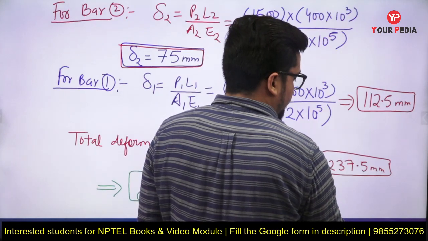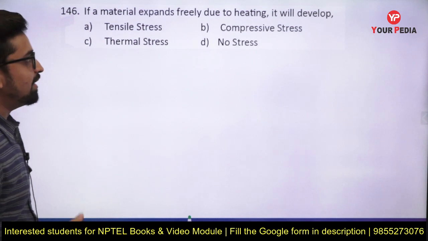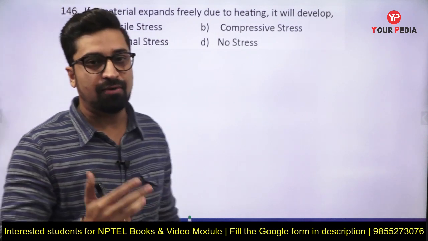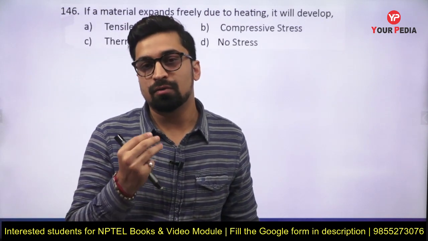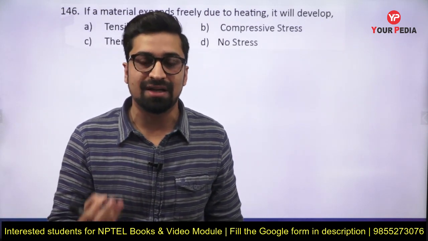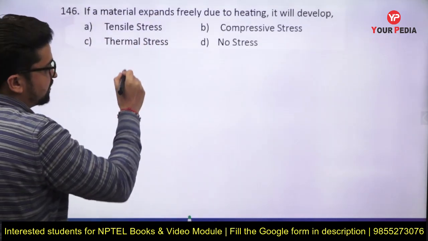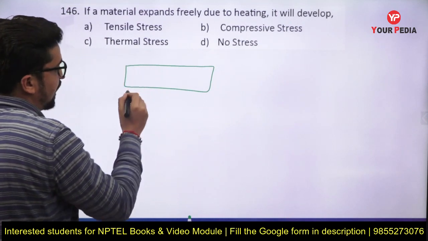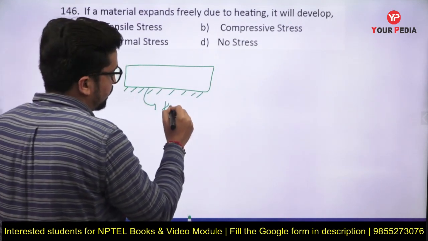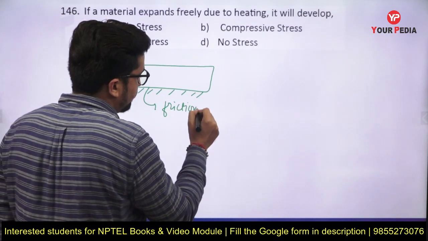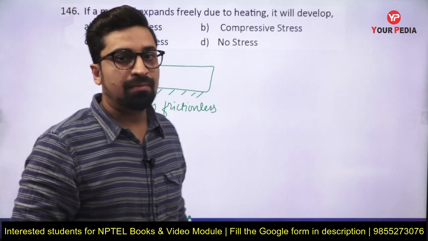In this question 146, they are asking you, if a material expands freely due to heating, it will develop what. Basically, whenever there is heating, because of thermal expansion of that material there will be elongation in the material. Let us suppose this was a material placed on a frictionless surface, and there is no restriction to the length of this material.